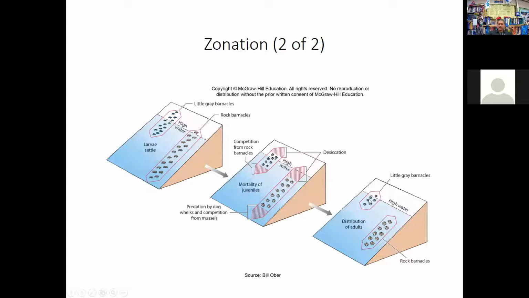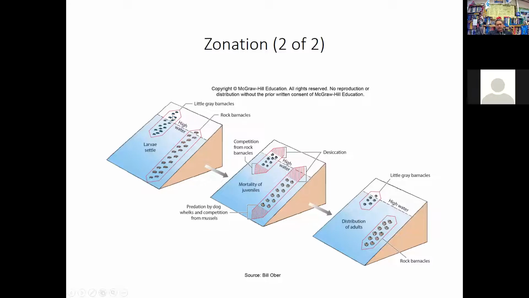So these guys are better at dealing with desiccation due to the retreat of the water during the daily tidal patterns. So this is again called a realized niche, and over here this is the theoretical niche. This is where these guys live.